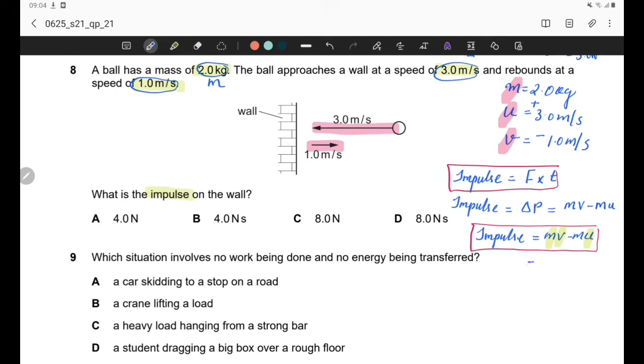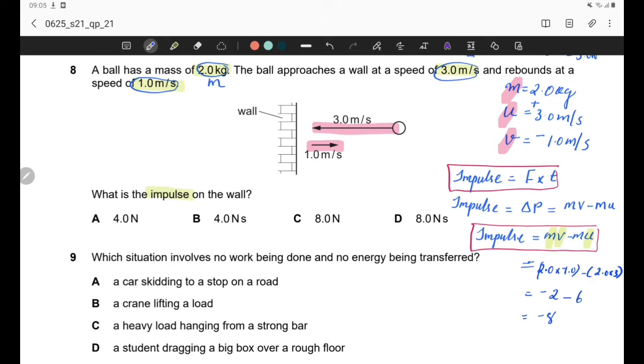So we can calculate by substituting the values, where mass is 2 times final velocity minus 1, minus again mu, 2 times initial velocity u which is 3. So we will get minus 2, that is 2 into minus 1 is minus 2, minus 2 into 3 is minus 6. Therefore the answer is minus 8.